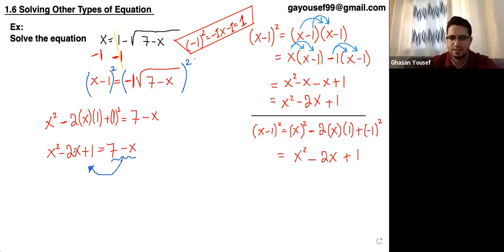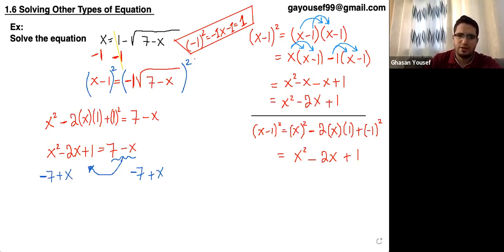Now in this step, I have to move all this to this side because I need to make one side 0. To move this one to the other side, I have to subtract 7 and add x on both sides. Subtracting 7 gives me 0 for the 7, and adding x gives me 0 for this variable. The same on this side: I subtract 7 and add x for both sides.